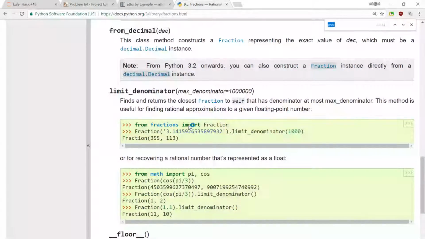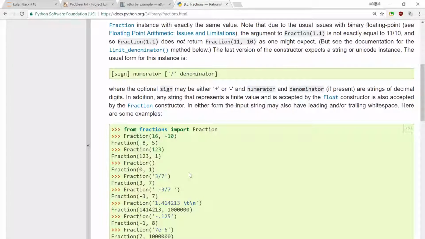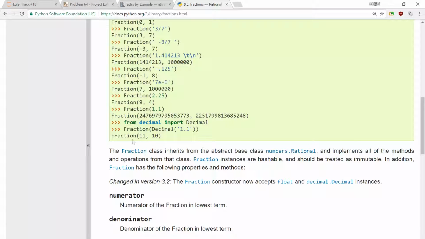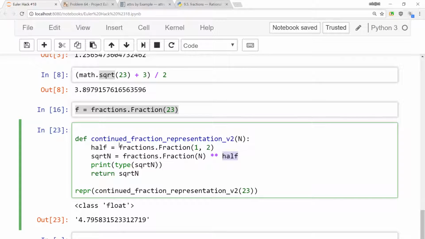Let's see. Power. We can do power, like power half. That's what I did. I did a half as a fraction and did power, and it produces a float.